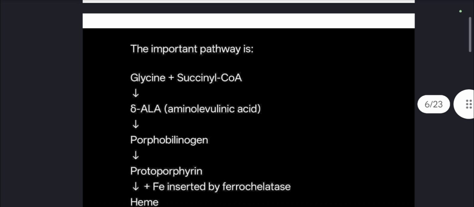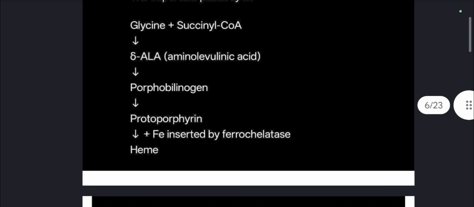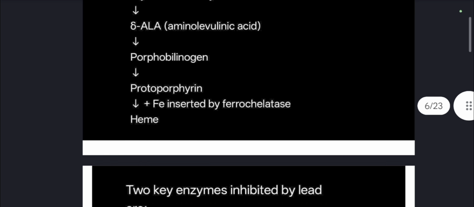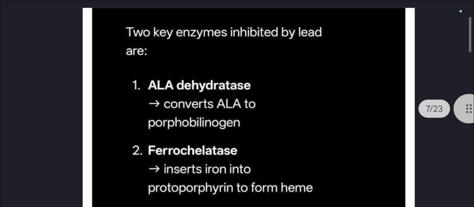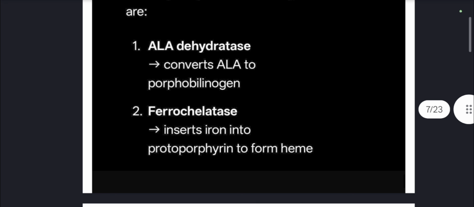If ALA dehydratase is inhibited, there would be accumulation of ALA in the body. Similarly, if ferrochelatase is inhibited by lead, there would be accumulation of protoporphyrin. So if an MCQ asks what would get accumulated inside the body due to lead, the answer would be protoporphyrin and ALA. Fine. So two key enzymes inhibited by lead are ALA dehydratase, which converts ALA to porphobilinogen, and ferrochelatase, which inserts the iron into protoporphyrin to form heme.